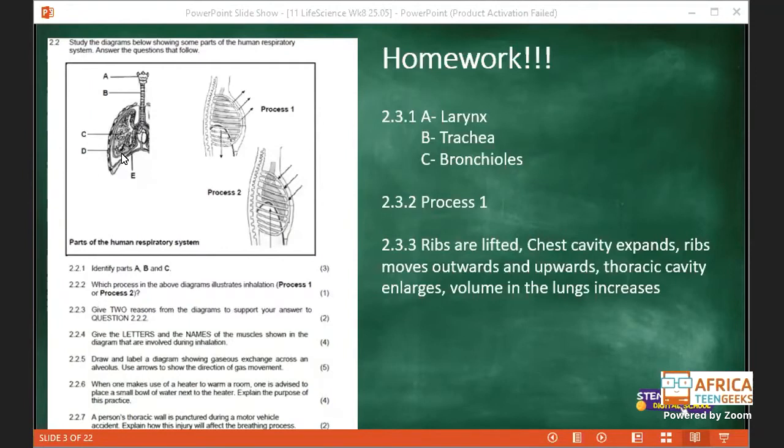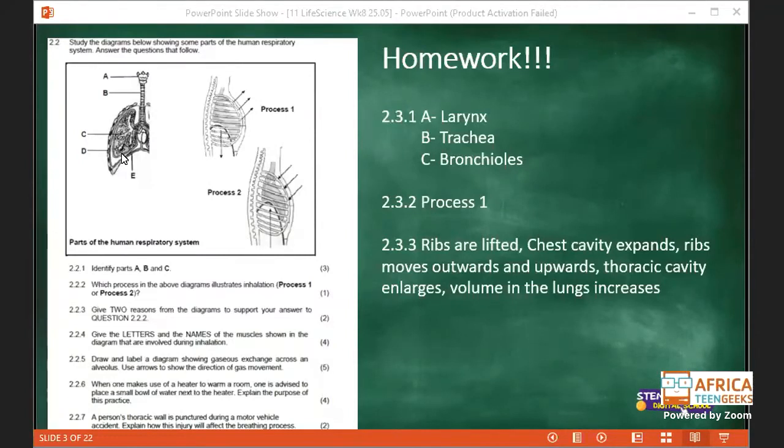Beautiful. Our question is 4 marks, so we might actually need 2 answers to this. B, the bronchioles. Okay, remember the question said the muscles, not organelles, muscles. The other muscle that is working during inhalation and exhalation is somewhere there by the ribs, just between the ribs, to give you guys a hint.